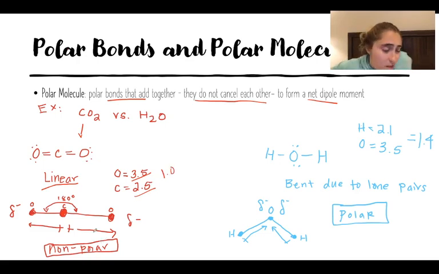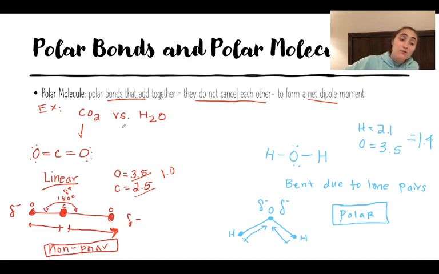That makes oxygen more electronegative than carbon, so there's going to be a dipole moment here. This carbon will be partially positive, and my dipole moment will be heading towards the oxygen end. And I'm going to have another partially positive or partially negative charge on the other side, so I'm going to have two dipole moments.